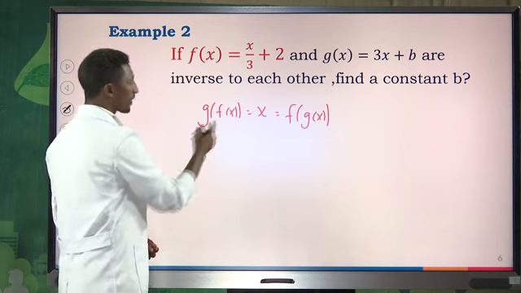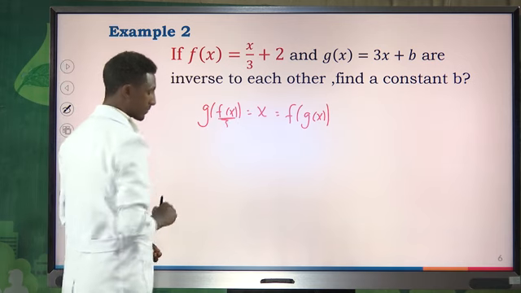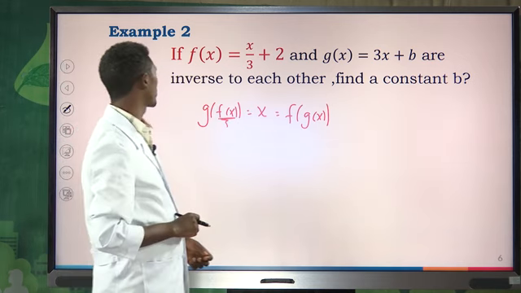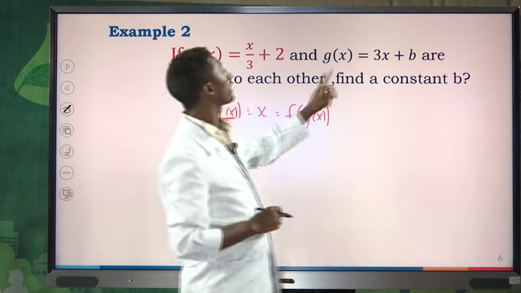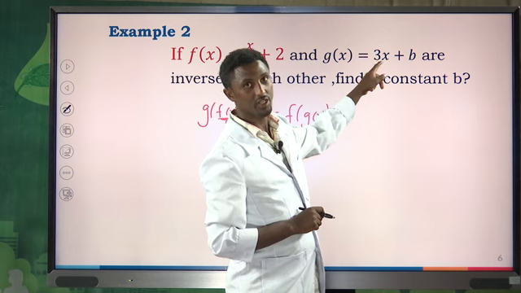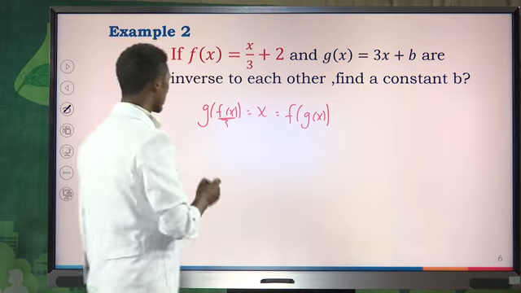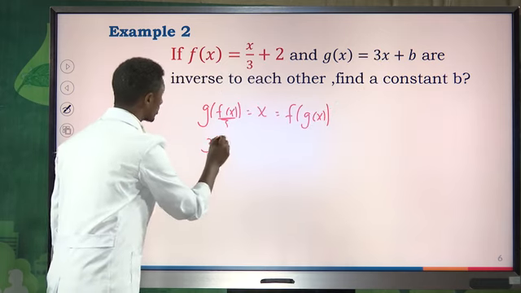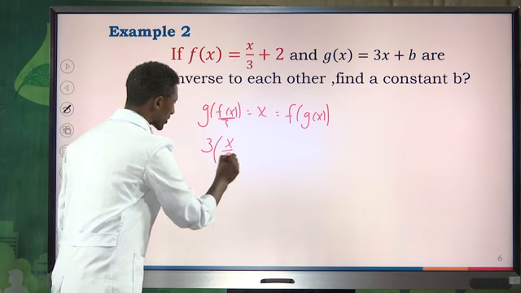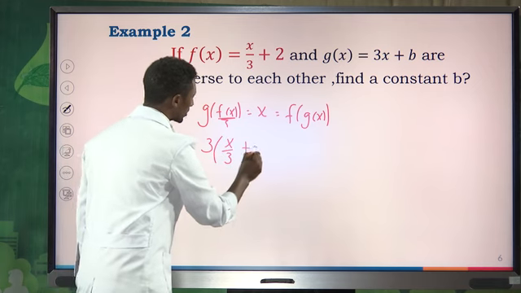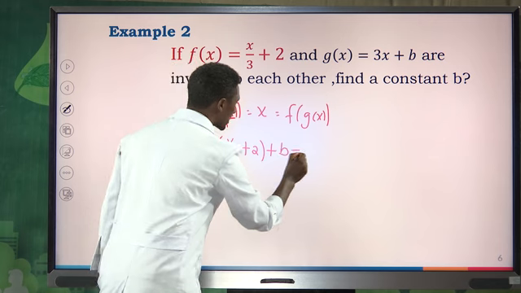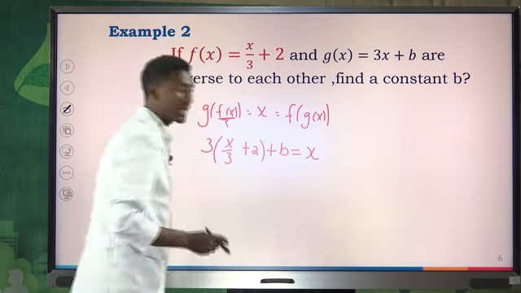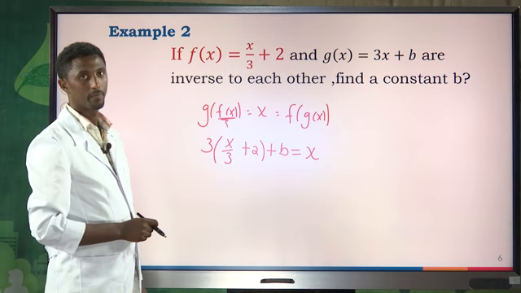So g of f of x means substitute the function f of x in place of x in the function g. So that is 3 times x over 3 plus 2. Then we have a constant b. This must be equal to the identity function x.